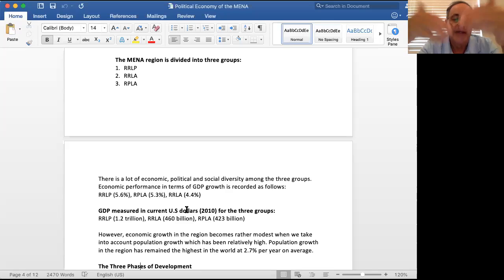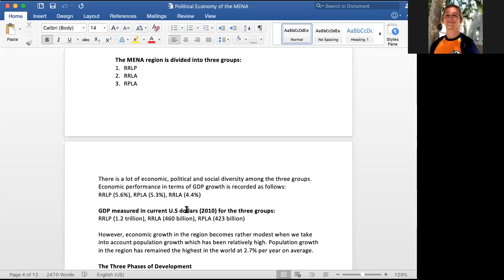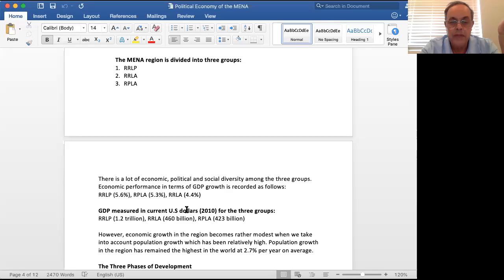So obviously, we can forget about the cyclical effects that oil had, because here we're talking about the long-term growth. And that tells me that over the long haul, the resource-poor, labor-abundant did much better than the resource-rich, labor-abundant. But they did worse, or not much worse, than the resource-rich, labor-poor.